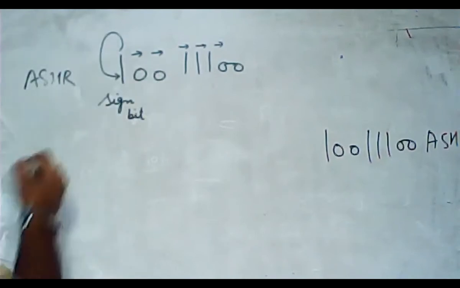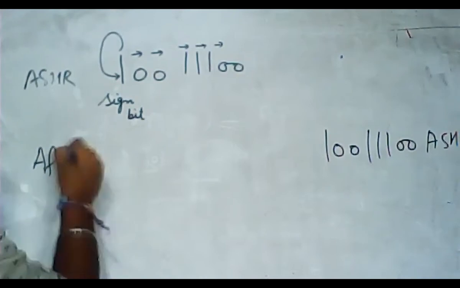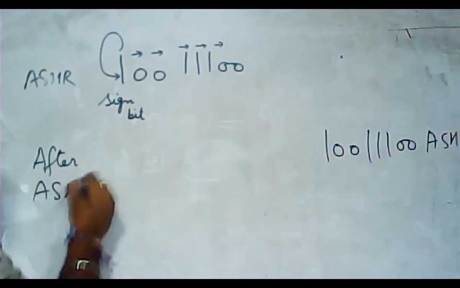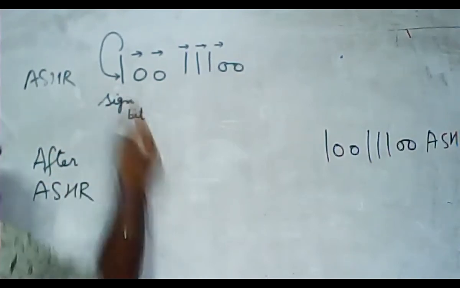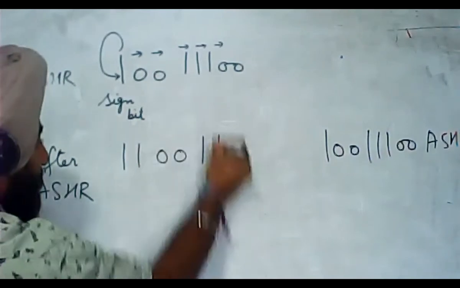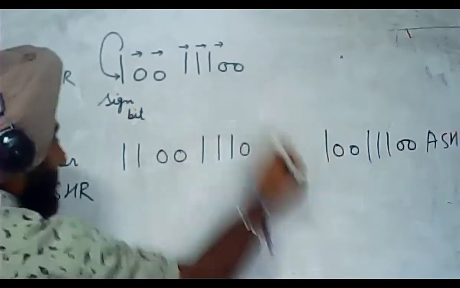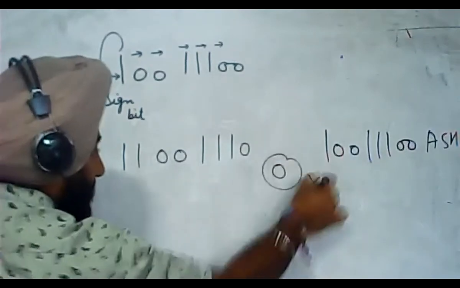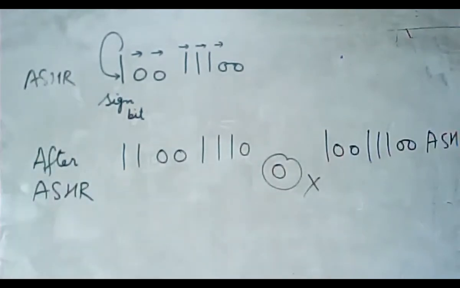So after the ASHR, the value becomes 1 1 0 0 1 1 1 0, and the last 0 will be discarded. I hope the concept is clear to you. I'm repeating it again.